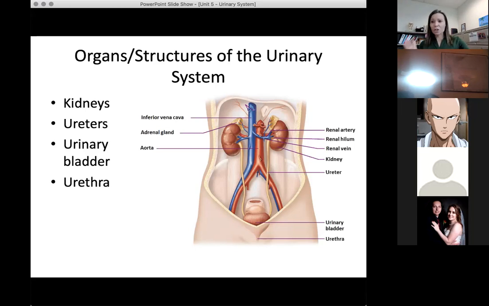Then just inside of that layer is the adipose capsule. Remember that adipose tissue is the tissue that stores fat. So this is the middle layer, a pretty thick fatty layer. And that helps protect the kidneys from physical trauma.